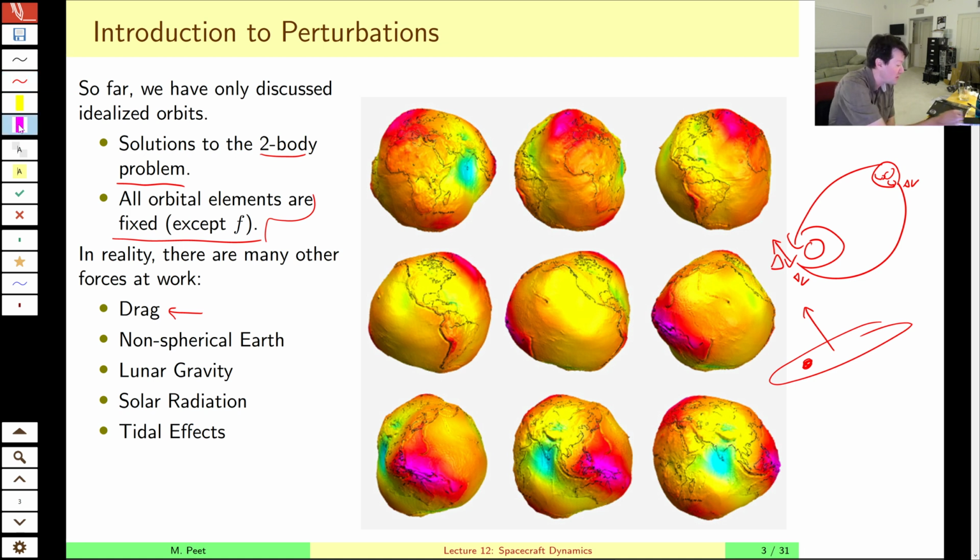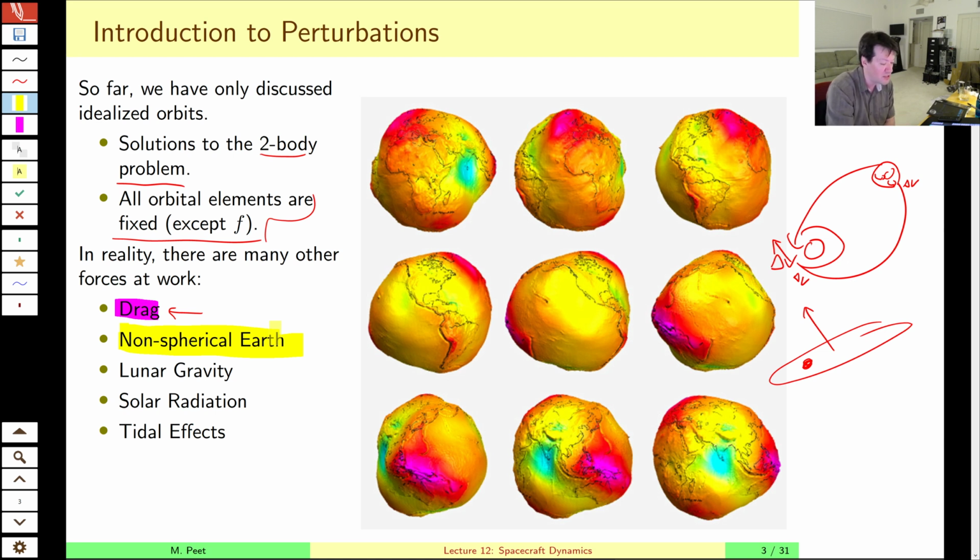We're going to focus on drag. Next lecture, we'll focus on the non-spherical Earth, because these are the two most commonly encountered orbital perturbations, drag and the non-spherical Earth, and they both have very large effects.